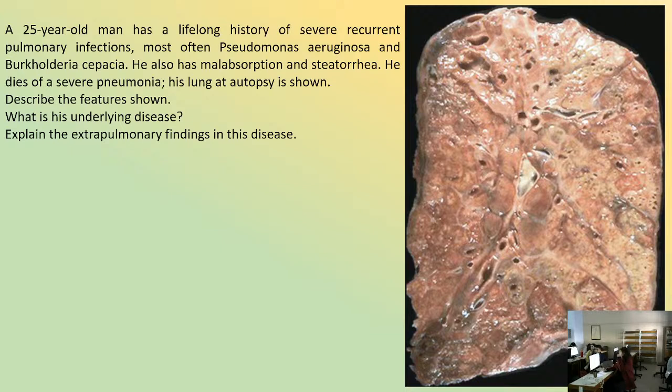What can be wrong? Which organ may be affected? Think simple enough. Yes? The pancreas, because the exocrine portion has the pancreatic fluid, which is responsible, along with what else? The bile, for this absorption of fat.